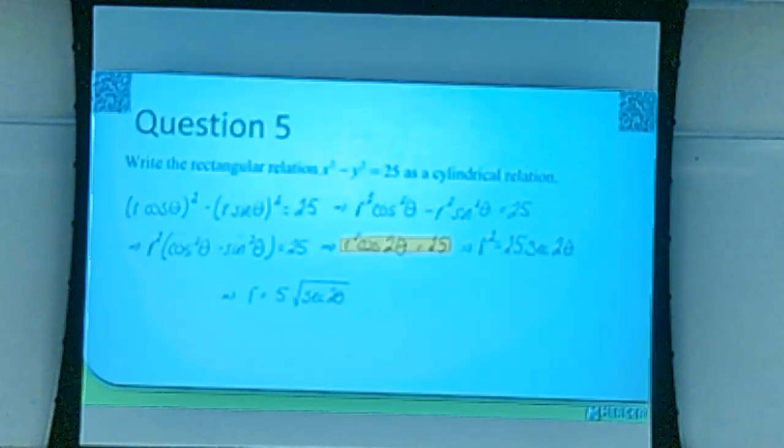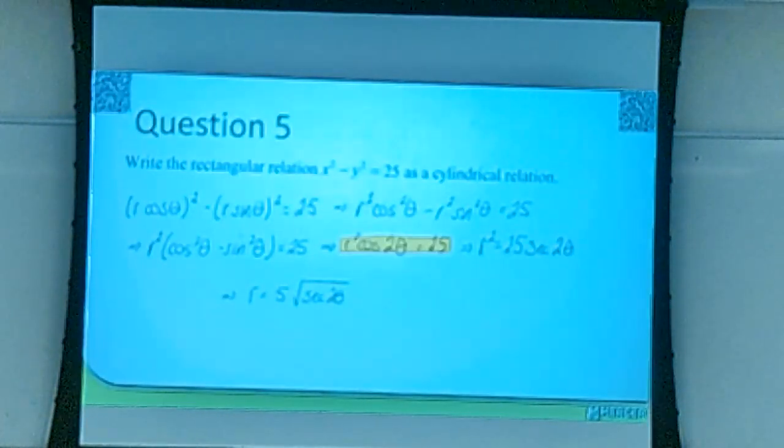R squared times cosine has to equal 25, which is positive. There's only 2 ways you can multiply 2 numbers and get a positive: they're both positive or they're both negative. Since r squared can never be negative, that means cosine can never be negative, meaning secant can never be negative. So I can safely take the square root because I know that secant 2 theta won't be negative.